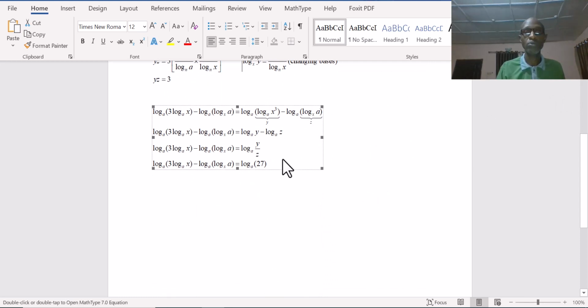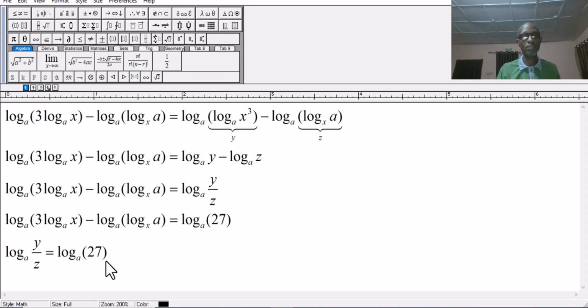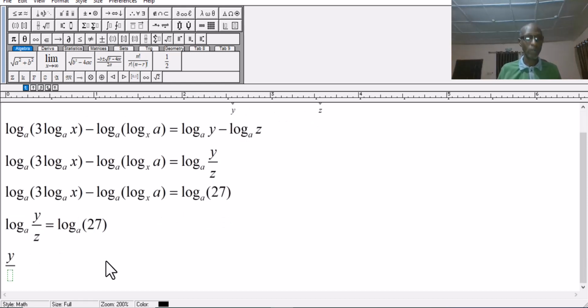So now I can equate the two. I can say log a of y over z is equal to log a 27. So let's cut the two. Since the bases are the same, we can say that y over z is equal to 27. So that's it.